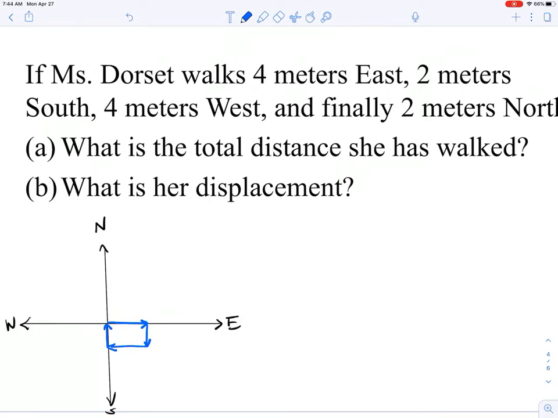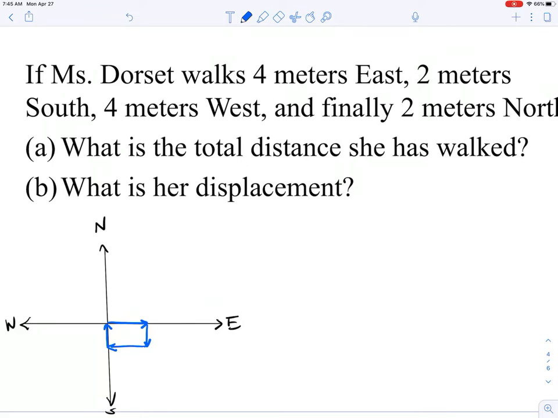So we can see when we map that out, I basically end up walking in a circle or a square. And my total distance traveled would be adding up each of those distances, so each of the magnitudes of those vectors, right? Because we're given a distance as well as a direction.